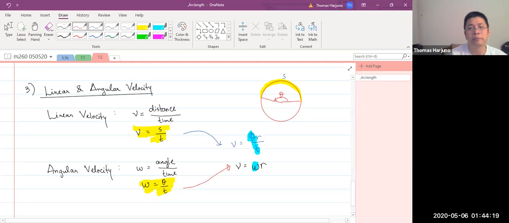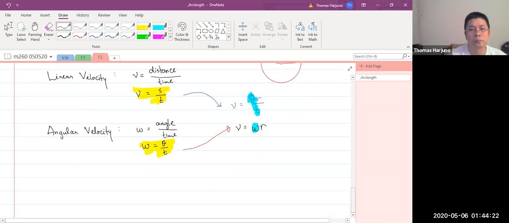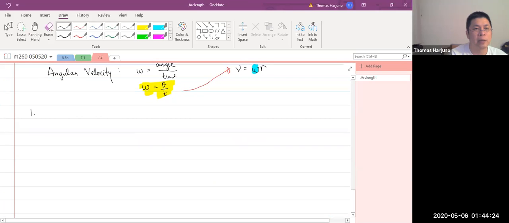Okay, let's do a problem. For example, I pick a question from the book. Let's say number 14 on page 502. We have 15 revolutions per minute. Oh, actually, this is revolutions per second.